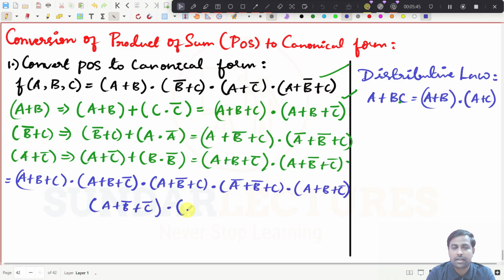This is the full term. Try to understand. I am not writing this one here. You have to write it down here: A plus B bar plus C.